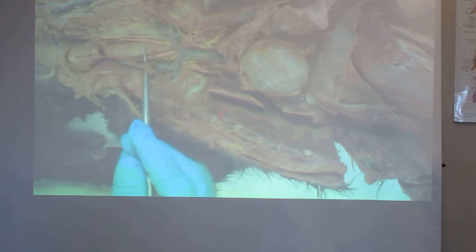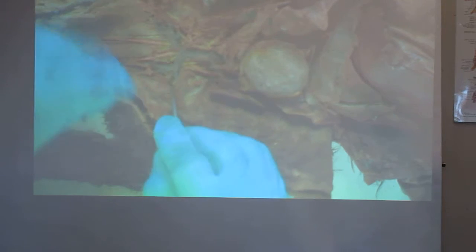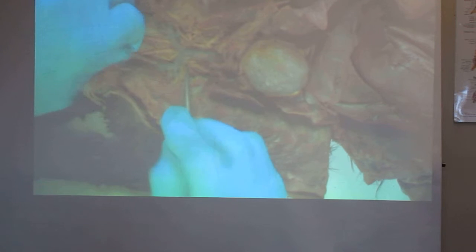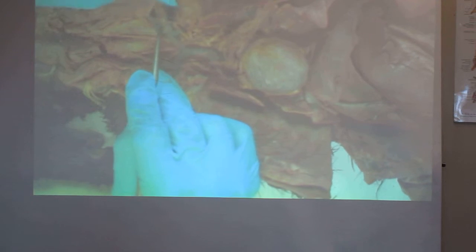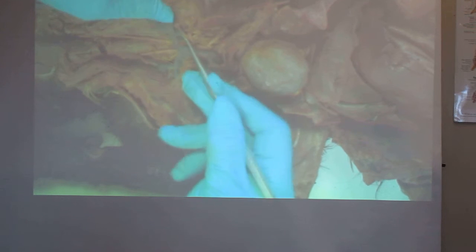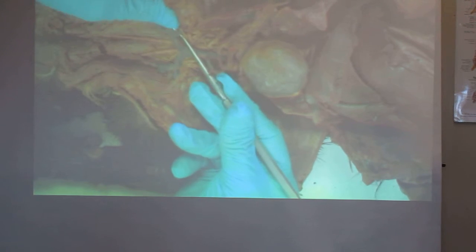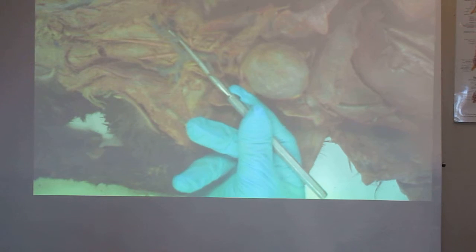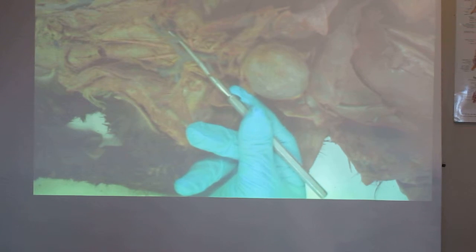Okay. Now, one of the things that I wanted to show you was sometimes off of our subclavian, we will see, you see it right here? That's going to be a vertebral. So a vertebral vein.